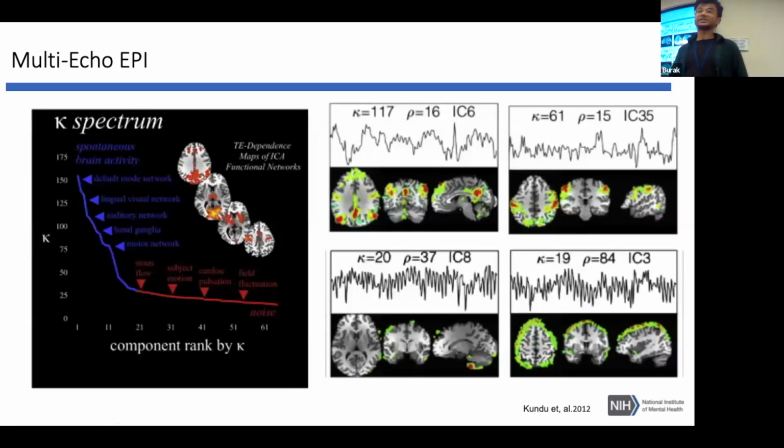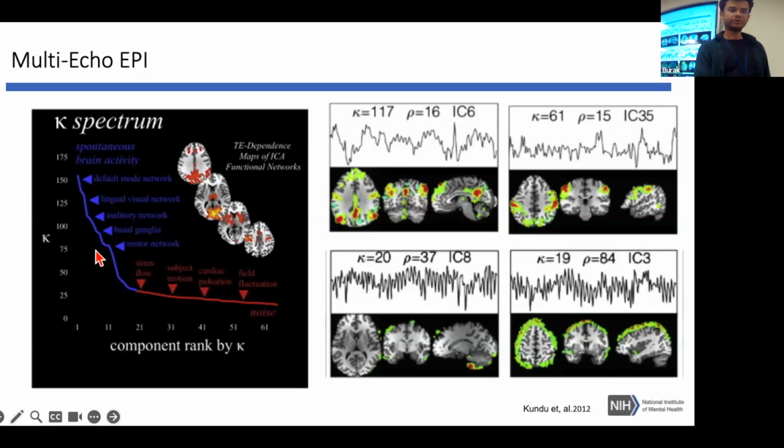You can do classification on that too, which is quite complicated. It's similar to the previous one I showed, but more quantitative. What you see is how much a component is explained by echo time dependence. If a component is more explained by echo time, it has a high value, and then you sort them, and it creates this kind of L shape.